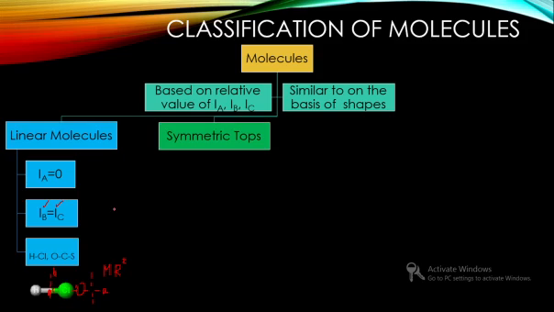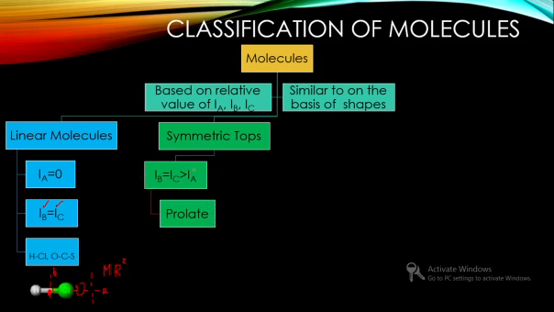And the second kind of molecule is the symmetric top molecule, where IA is not 0, it is a non-zero value, but two possibilities could be possible. Either IA can be greater or IA can be less than the other two moments of inertia. If the moments of inertia about the B and C axes are greater than the IA value about the molecular axis, such a molecule is called a prolate molecule.